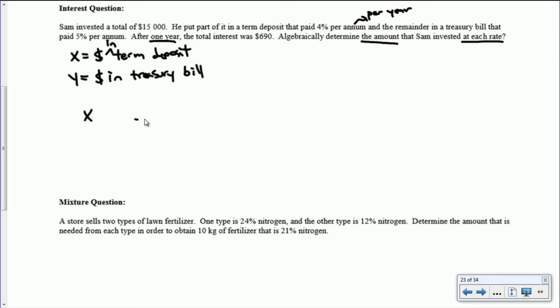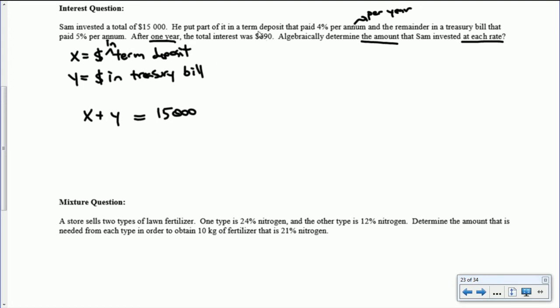Then we would just have X equals 15,000. We'd have nothing else to account for, right? Suppose he invested maybe $10,000 in the term deposit. Then how much would he have to invest in the treasury bill? So he'd have to make up the remainder. So it'd have to be 5,000, right? So when we add these two together, they need to come to $15,000.